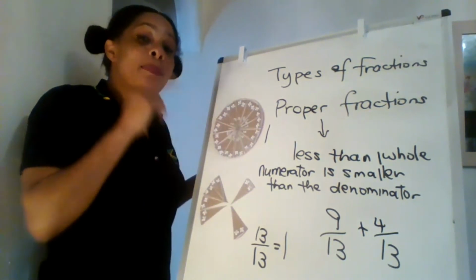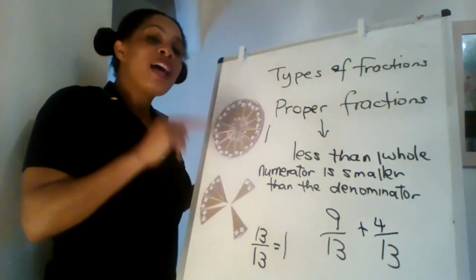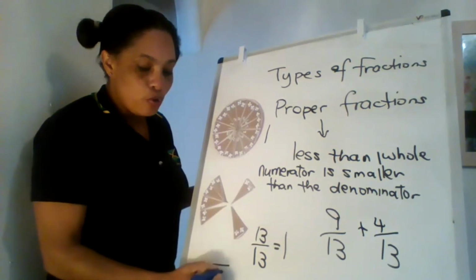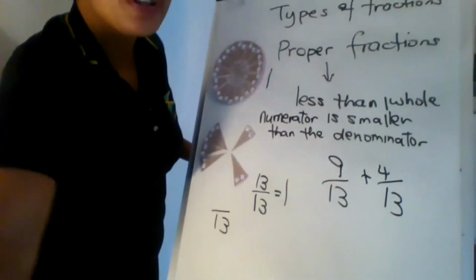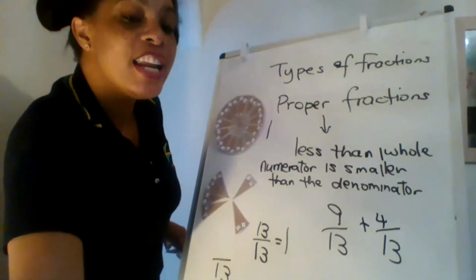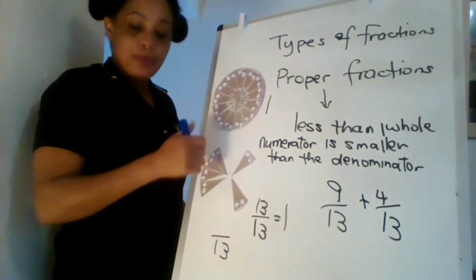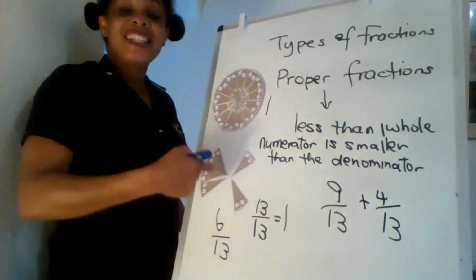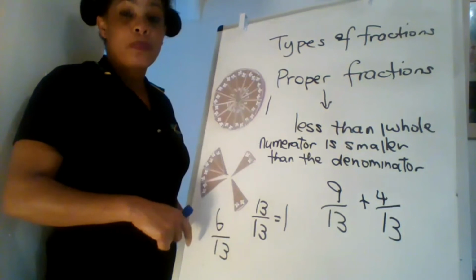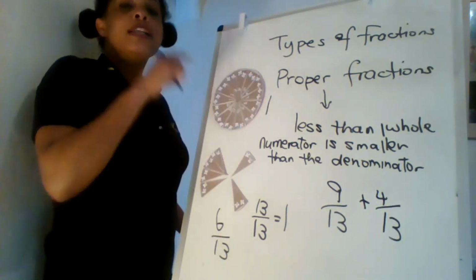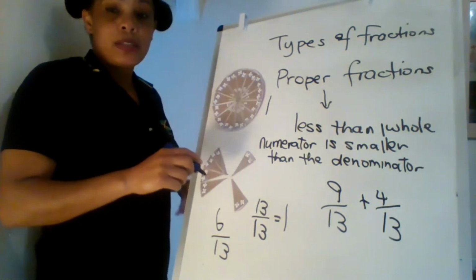So I have 6 pieces left. But if I was asked to describe the fraction I have left, remember it was originally out of 13. Now I have only 6 pieces left, so I have 6 out of 13. That is a proper fraction. So a proper fraction is one in which the numerator is smaller than the denominator.